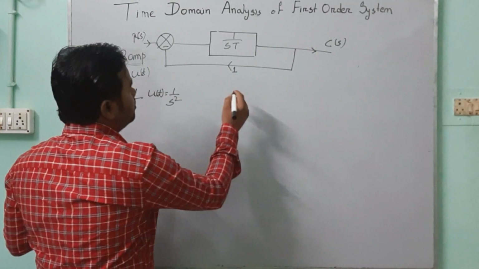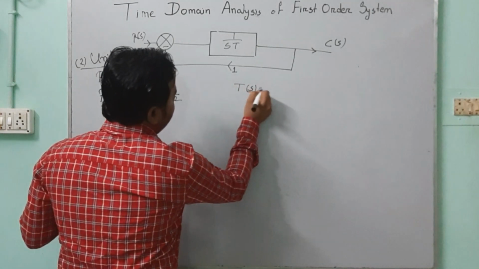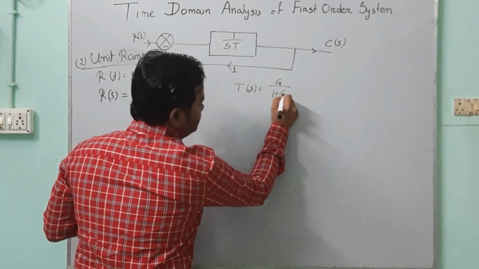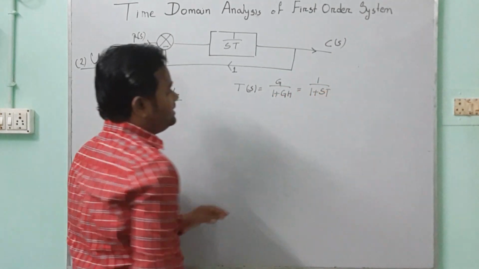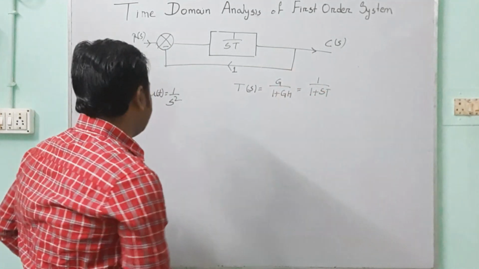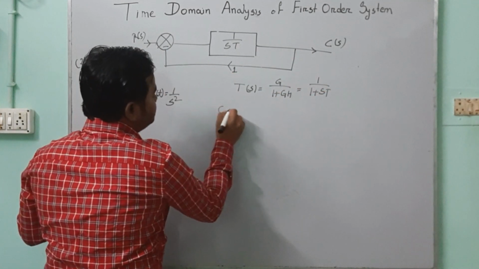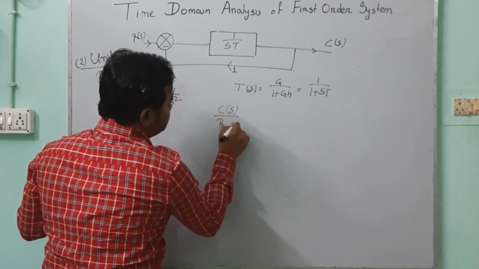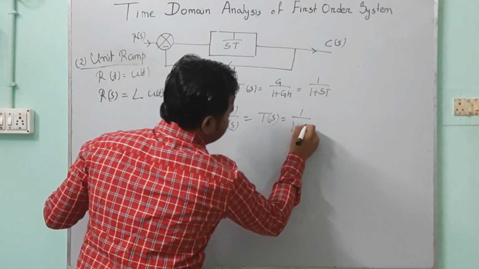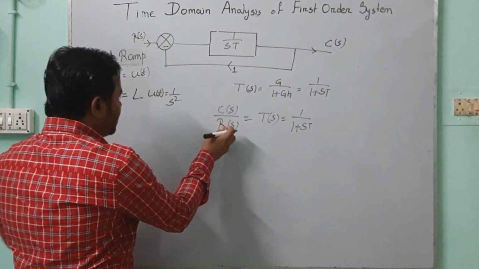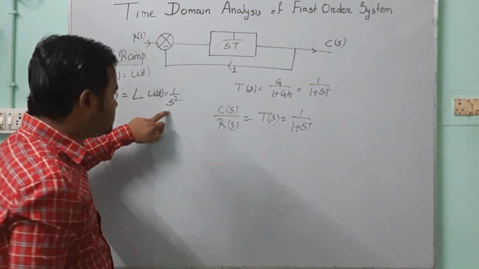Now, we know the transfer function T of S is equal to G by 1 plus GH, which is equal to 1 divided by 1 plus ST, as we have discussed previously. Now, the formula C of S by R of S is equal to T of S, which is equal to 1 by 1 plus ST. For R of S, the value is 1 by S square.